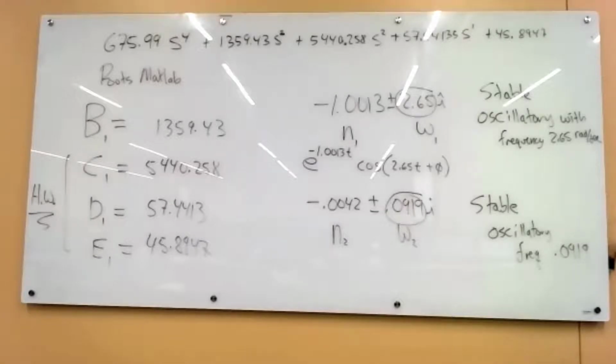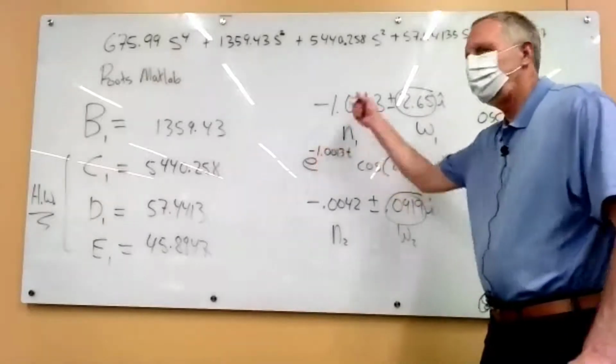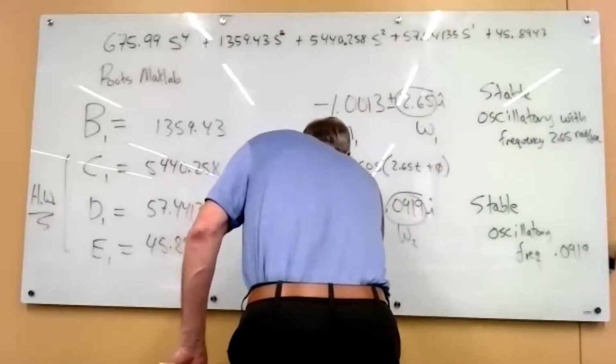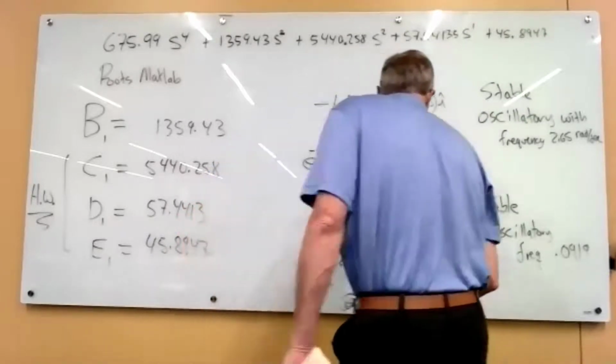So we can even go farther than that. Which one is more stable? The top one? Because it's a bigger negative number, right? So the e to the -1 is going to decay much faster than down here, e to the minus 0.0042 t.